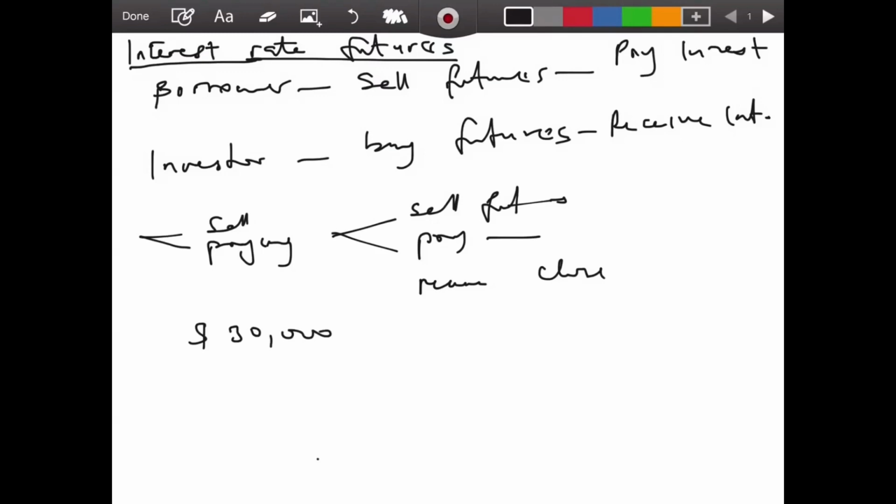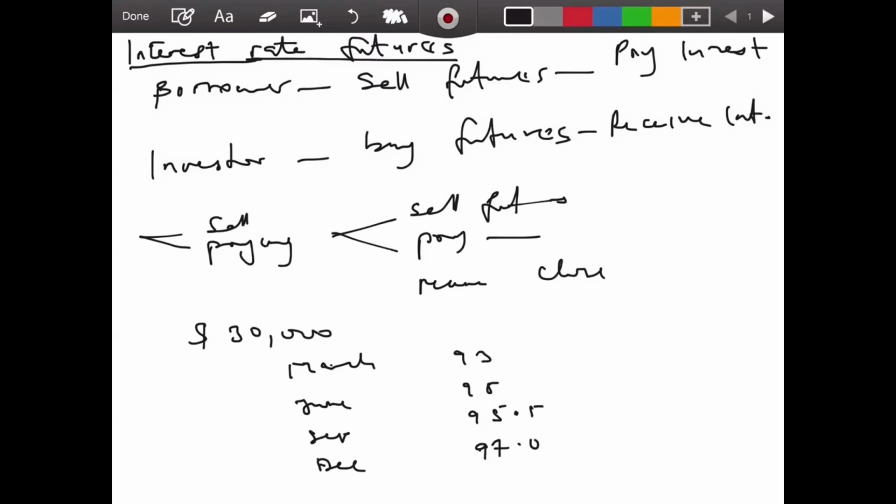And interest rate futures are quoted as follows: March 93, June 95, September 95.5, and December, let's say, 97.0.